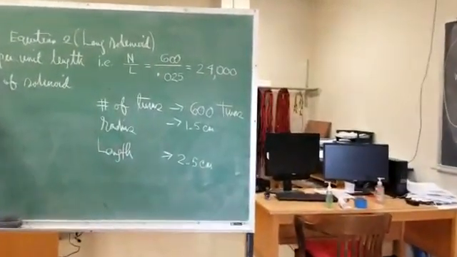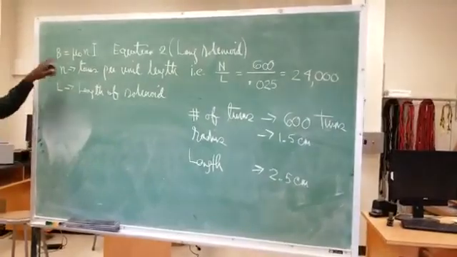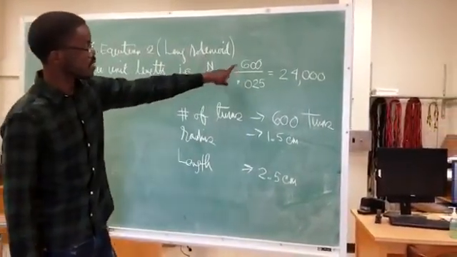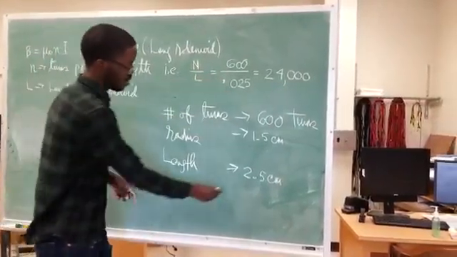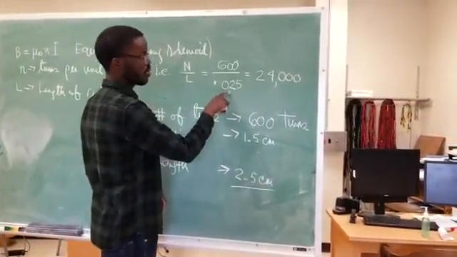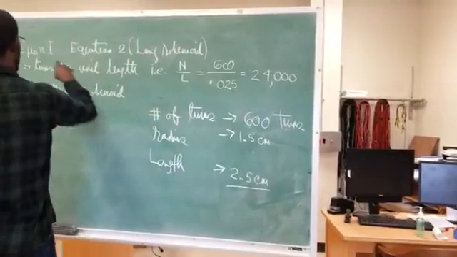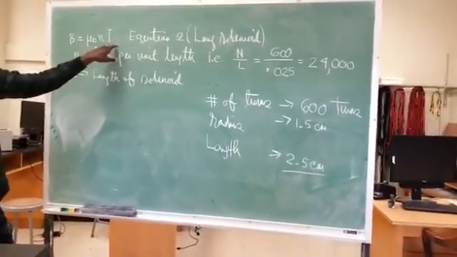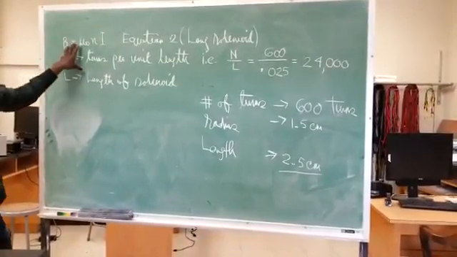Mu naught here, and tiny n, which is coil density. Remember, this is N over L, which is over here. So N is 600, L is 2.5 centimeters, I'll say that in meters. You get this number over here, plug that into here. Use the same I value from before, and this will give you some number.